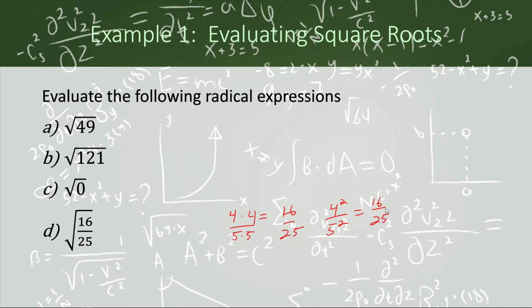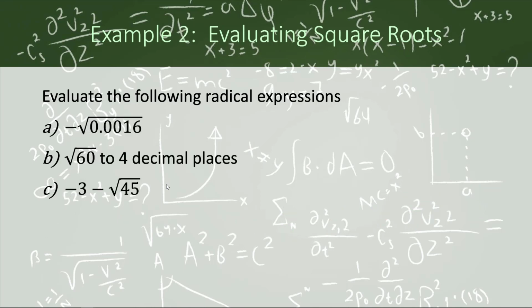And we can actually use the power rule in reverse and say that 4 over 5, the entire thing squared, is once again equal to 16 over 25. Well, if that's the case, then the square root of 16 over 25 is, you guessed it, 4/5. It's also negative 4/5, but once again, we are only interested in the positive square root.